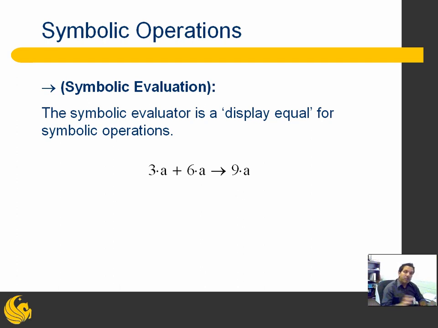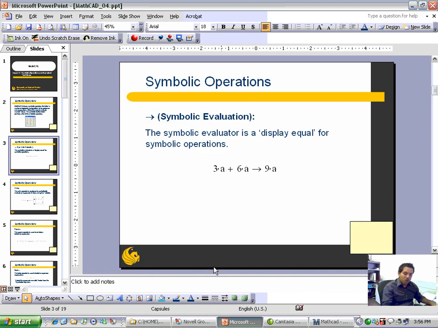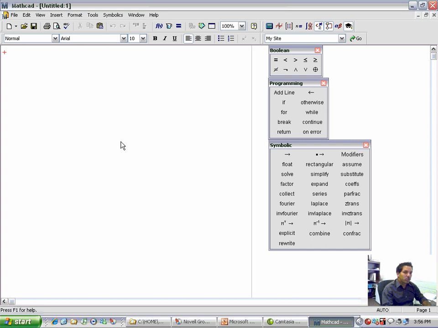Given an expression on the left-hand side, followed by the symbolic evaluation, it would allow the symbolic engine to start actually searching for possible solutions on these specific operations. So let's perform a very simple operation like the one posted on the presentation. For example, if we have a symbolic expression, 3a plus 6a, and we don't have a value for a. a is an undefined variable yet, but we want to perform this very simple operation from the symbolic standpoint.